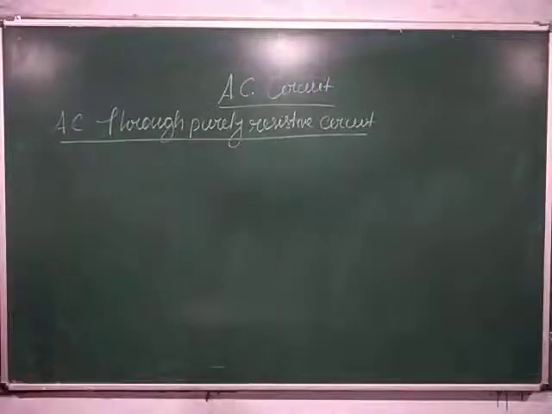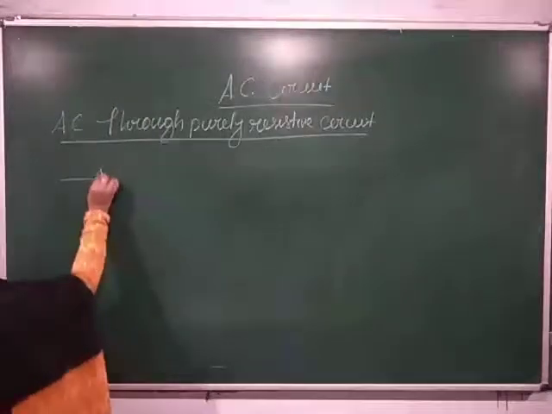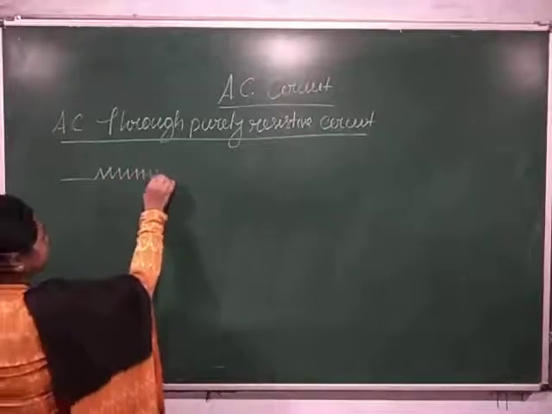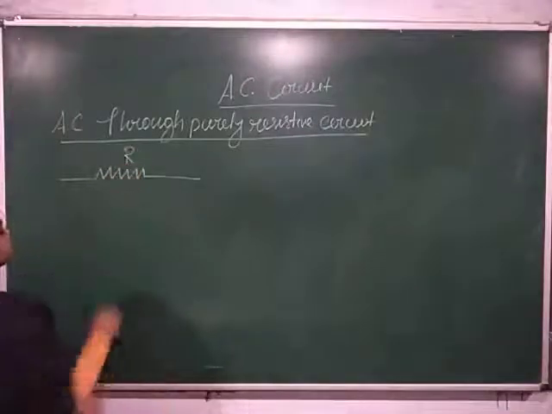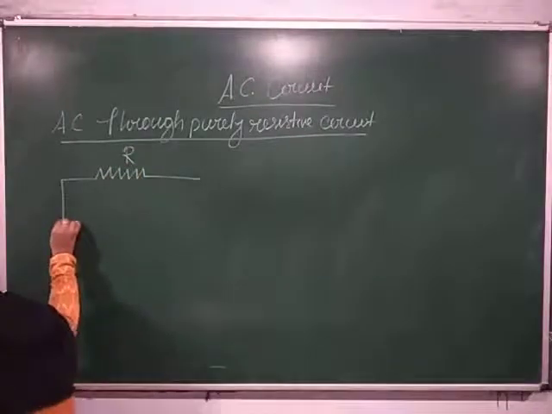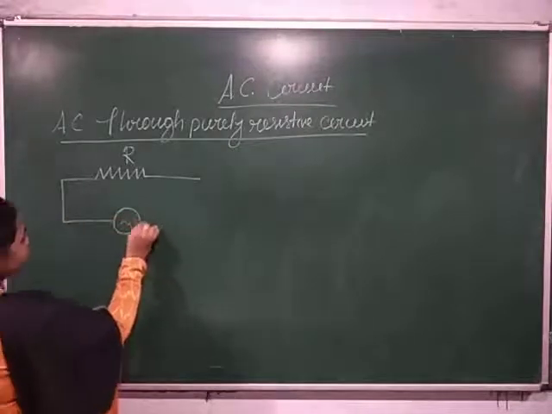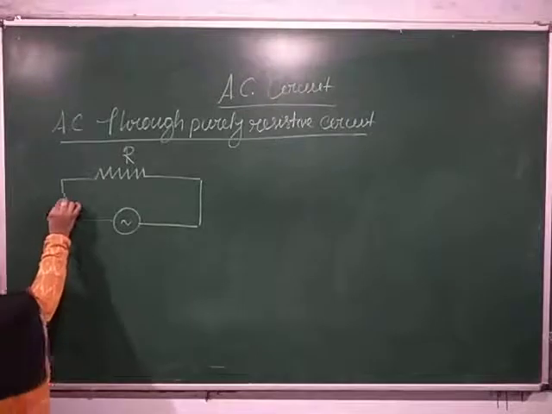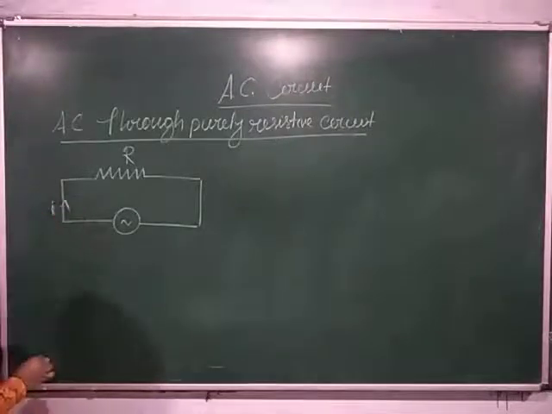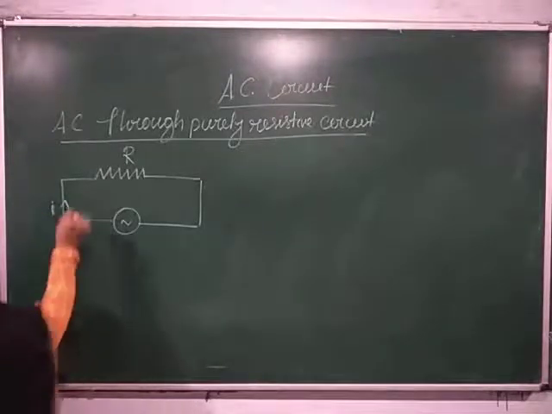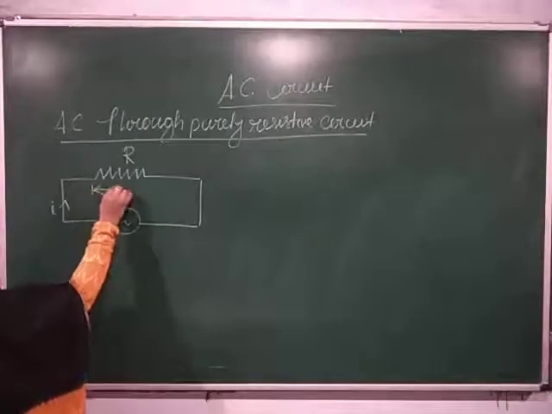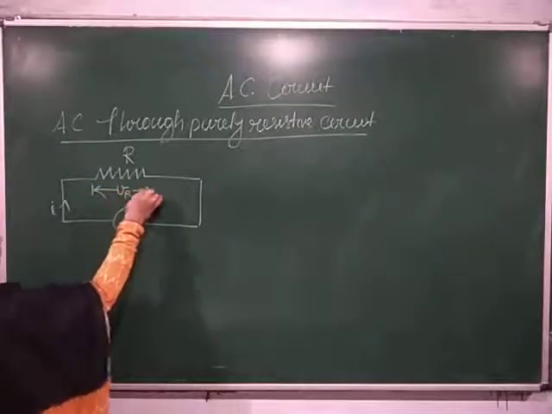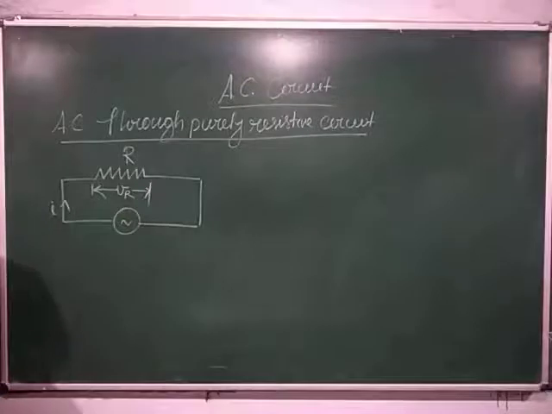Let us take a purely resistive circuit. Here I take a resistor having the resistance of R and connect it across an AC source of supply, due to which the current I is flowing through the circuit, and let the voltage drop across this resistive circuit be v.